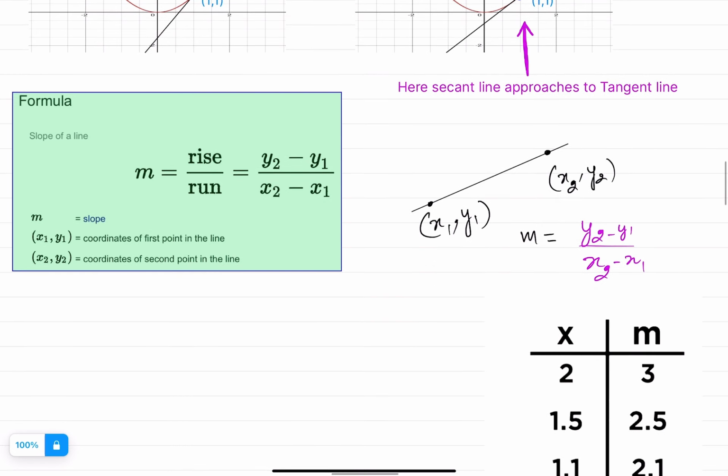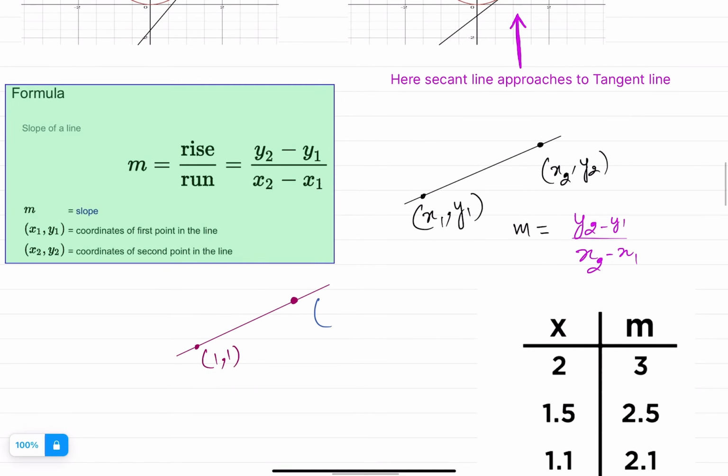But here, we know the line has 2 points. One is a fixed point, that is 1, 1. The second one is an arbitrary, variable point, which is x comma x square.